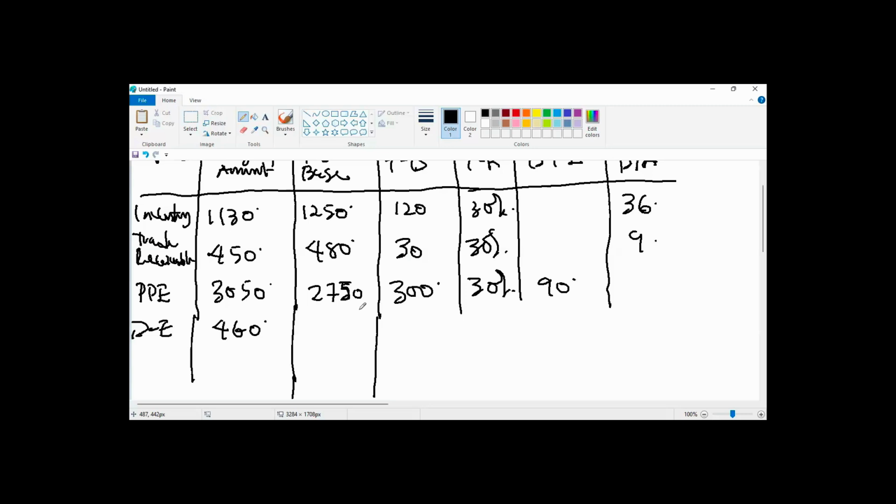You say in the year of purchase, development expenditure is given in full. What will be the tax base? 480? There will be no tax on it. That is 460. You are making a mistake. How is it going to be 480? Tell me.